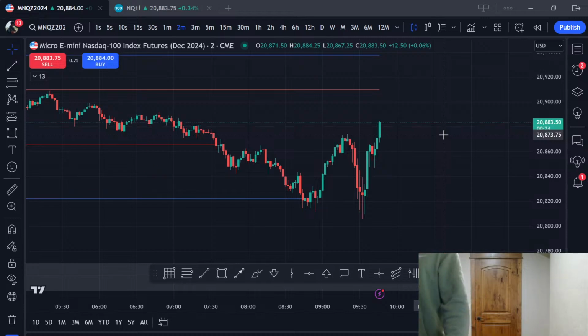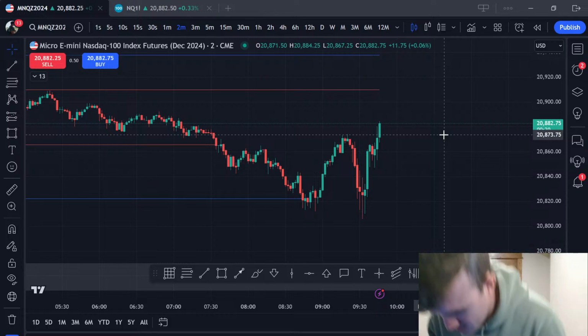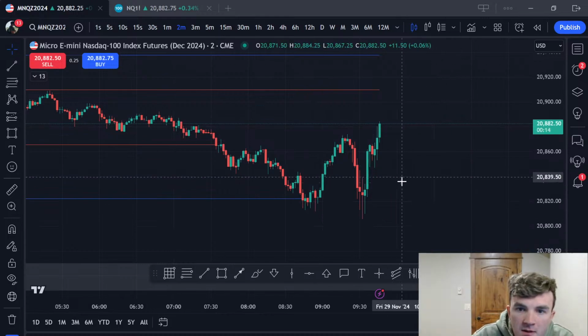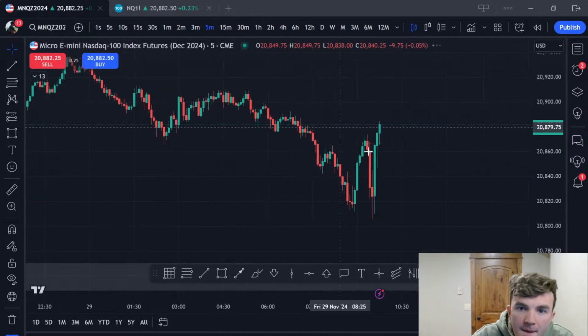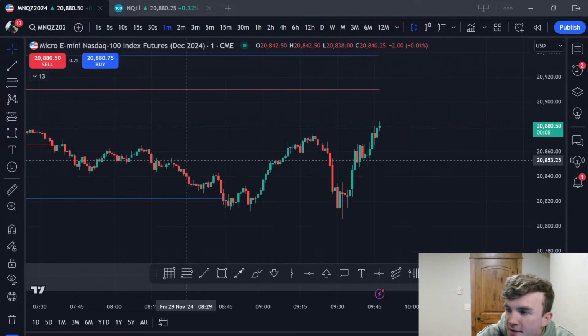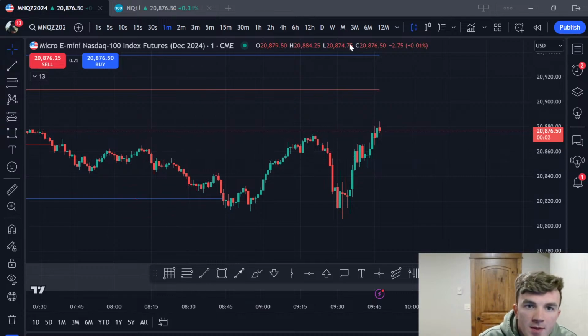Speed chart time. Okay, so what I'll do is, where do I do higher time frame analysis then? On this chart maybe?